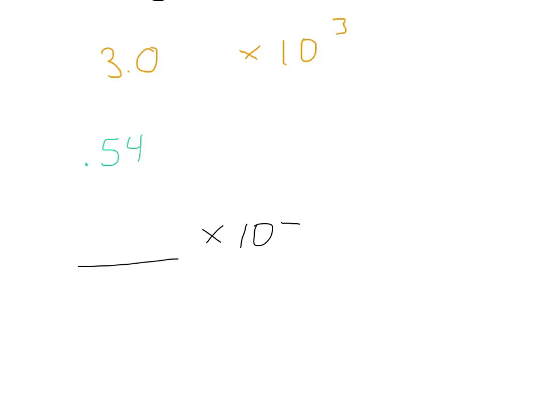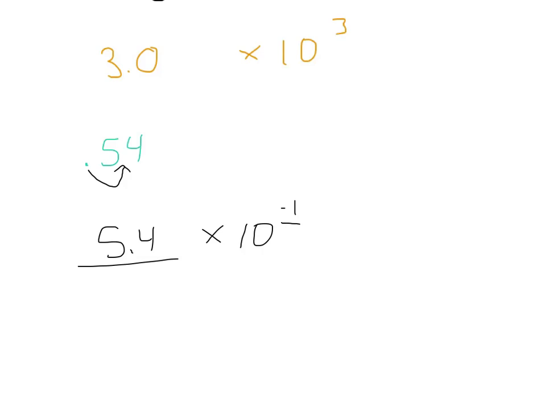Well, this number needs to be greater than or equal to 1, but less than 10. So if I move this decimal one place there, that now changes it to a 5.4. And the exponent becomes, well, 5.4 times 10 to the, well, I moved it to the right. And when I'm putting something into scientific notation, and I'm moving the decimal to the right, I get a negative exponent. I moved it 1 to the right, so it's a negative 1.